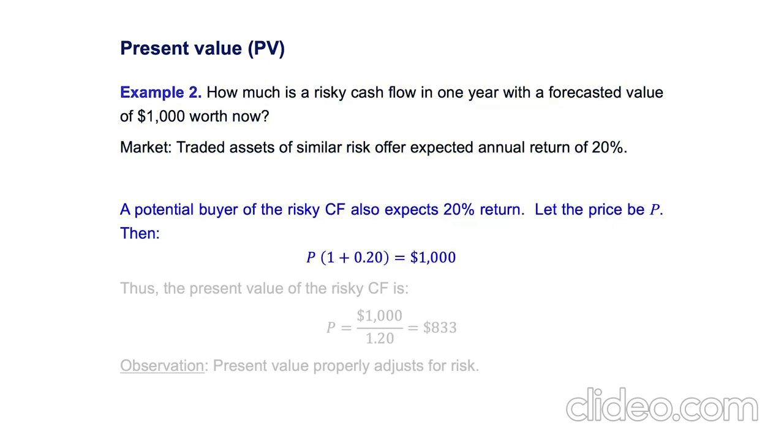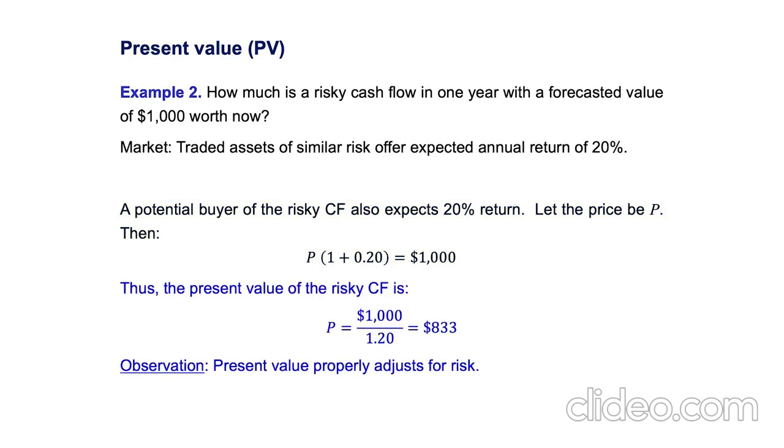The potential buyer, again, would expect a 20% return on this by paying the current price, let's say P. So by looking at this equation, P times 1 plus 20% should equal $1,000, the expected payoff from this risky asset.